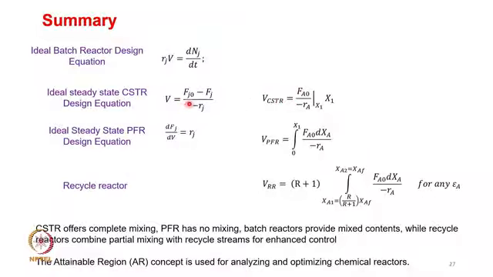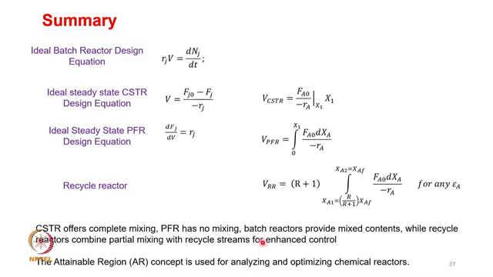For the CSTR, it is by plotting the Levenspiel plot and finding the area of the rectangle, while for the PFR, it is again plotting the Levenspiel plot, and due to the integration it is the area under the curve. The recycle reactor is slightly more complicated, but you may be able to approximate the area as a rectangle, based on the area under the curve of this particular term multiplied by R1.